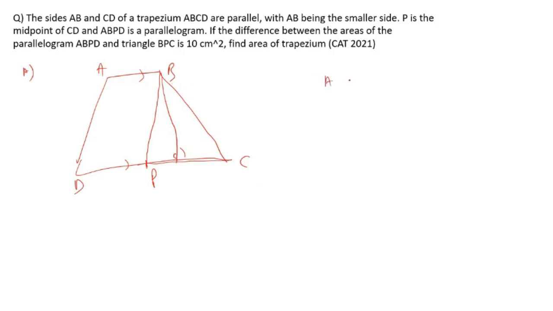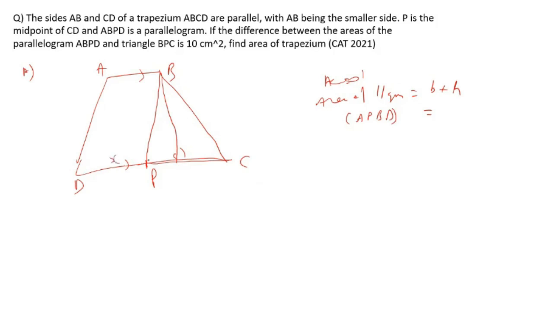So the area of a parallelogram we know is base into height. It's a formula. Area of a parallelogram is always base into height. Right. So if you see this parallelogram APBD, the base here is DP. Let's say we don't know the length.